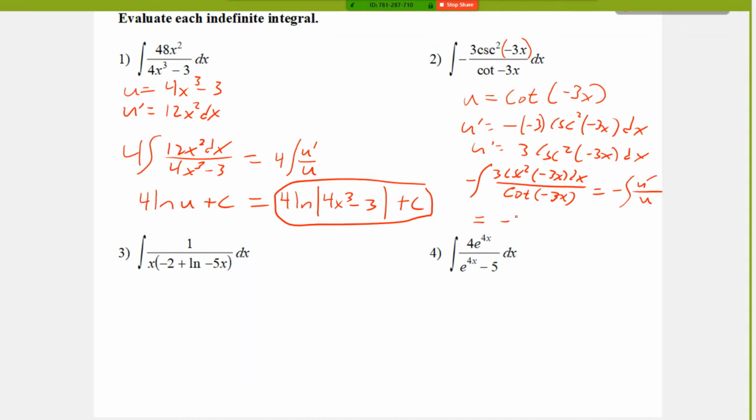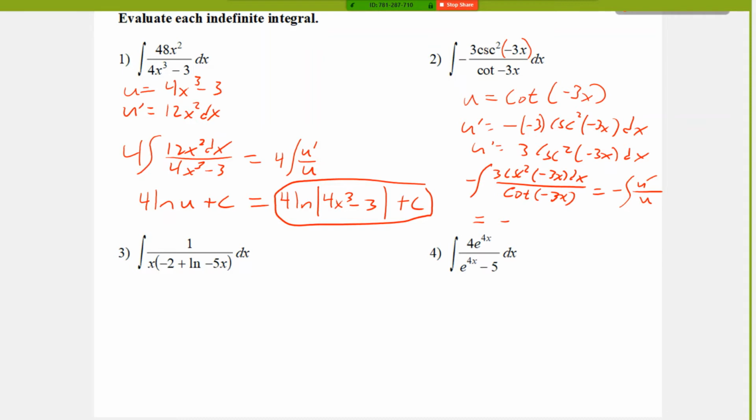Negative U. No. Just negative U prime over U, like same as usual. Okay, so we've got that. We just need to integrate now.